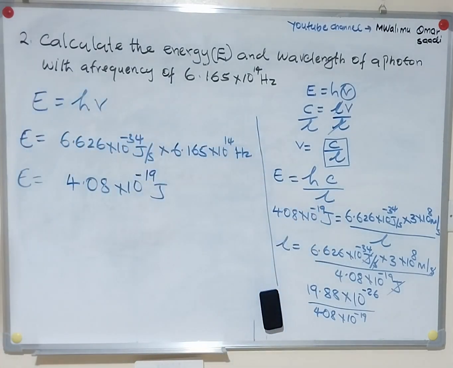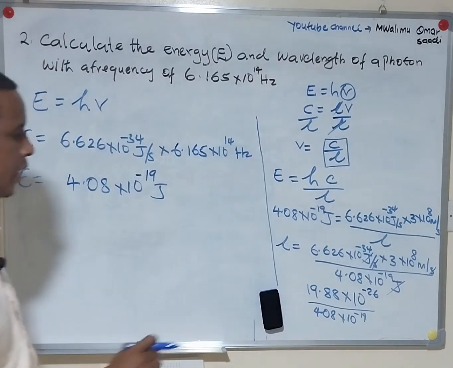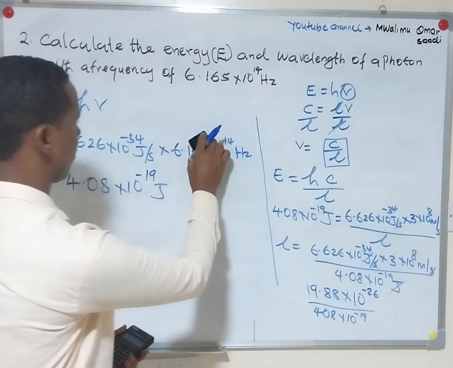So we will have 19.88 divided by 4.08. That will be 4.87.